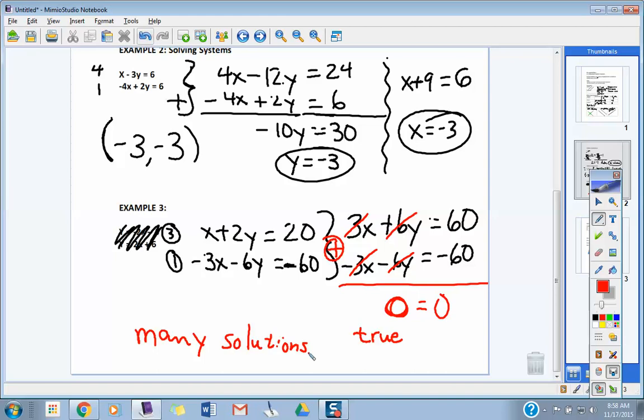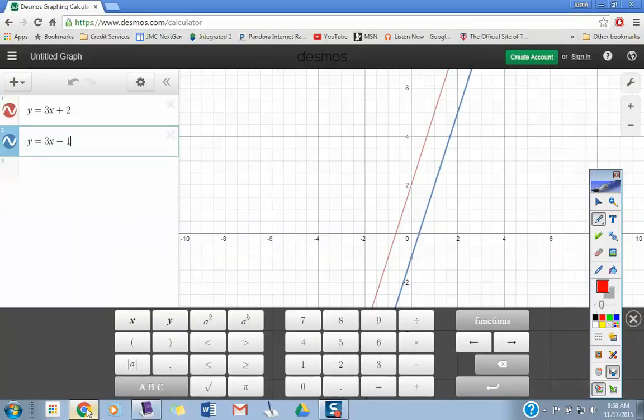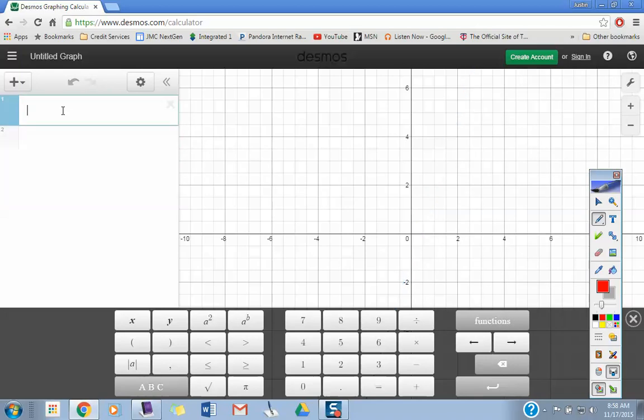Check this out. This is pretty cool. Let's jump into decimals again. What were the two equations I put in there? Was the first one x plus 2y equals 20? I'm going to zoom out a bit so I can see this.